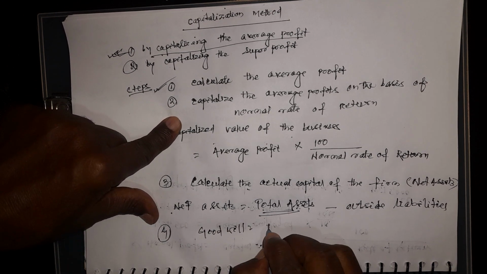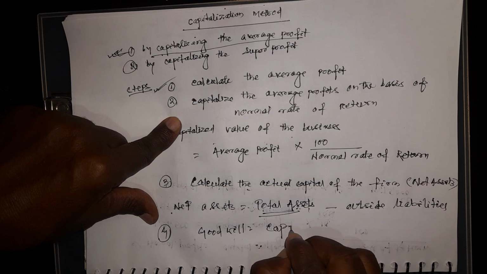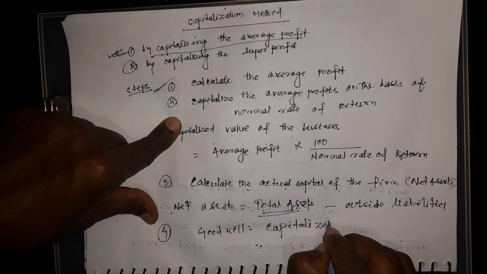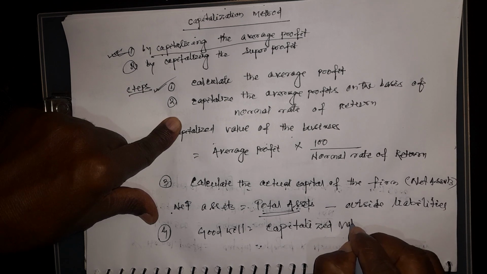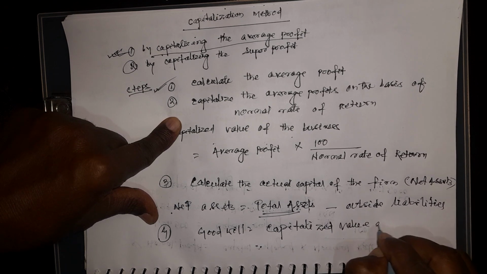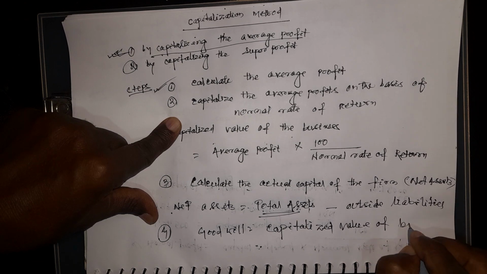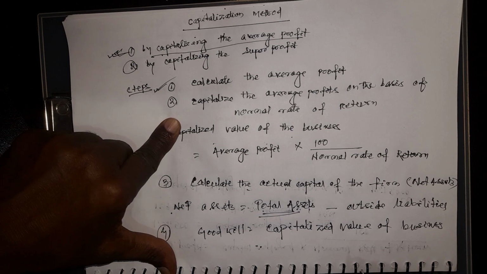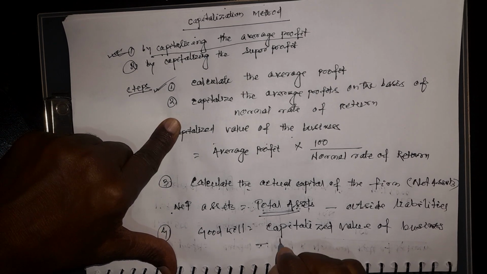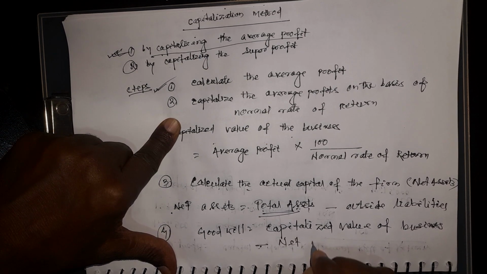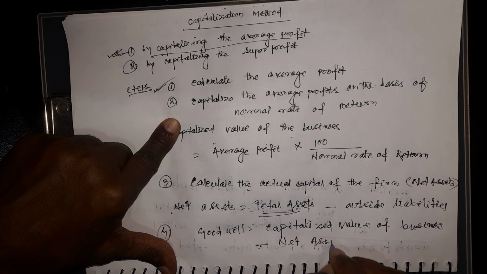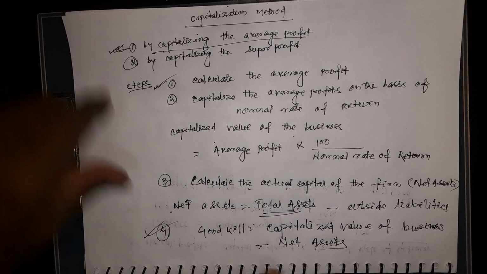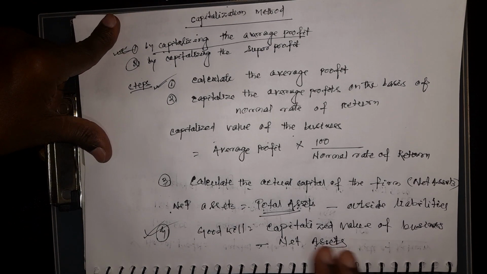So we write: capitalized value of business minus net assets. This is the goodwill.